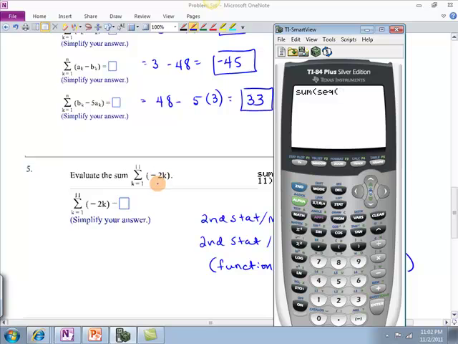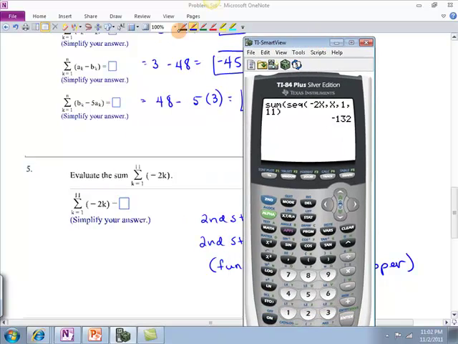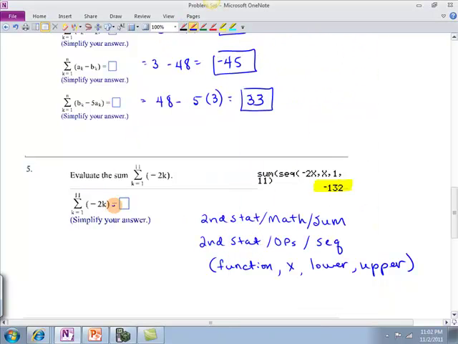So it's negative 2k, so we'll put in negative 2x, comma, the variable x, comma, lower is 1, comma, and the upper is 11. We'll close those parentheses, and we will get negative 132. So in the way I've got this written, that equals didn't print. That's an equals, and we'll have negative 132 in that box.